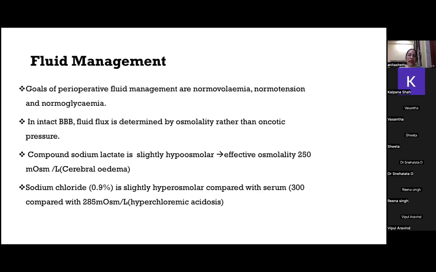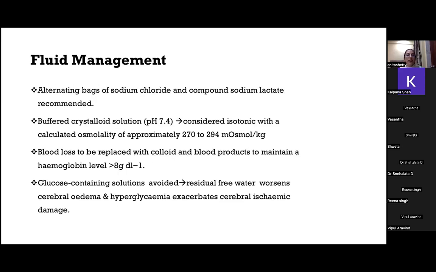Sodium chloride 0.9% saline is slightly hyperosmolar, but its adverse effect is hyperchloremic acidosis. So what we can use is alternating bags of sodium chloride and compound sodium lactate. If available, a buffered crystalloid solution, whose osmolality is approximately 270 to 294 milliosmoles, is ideally recommended.